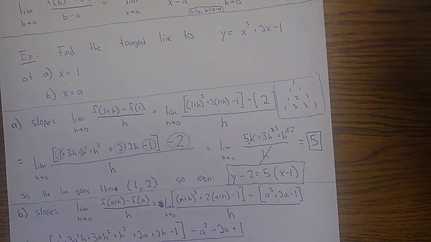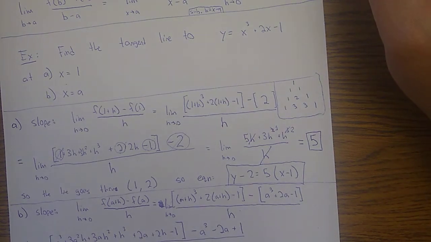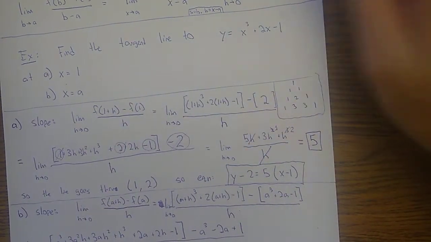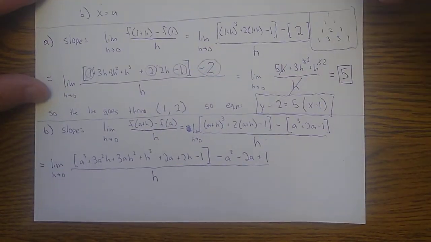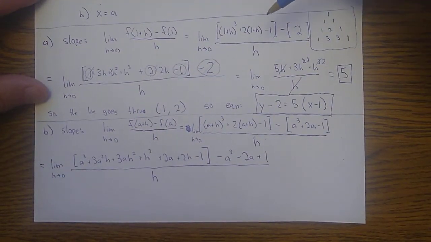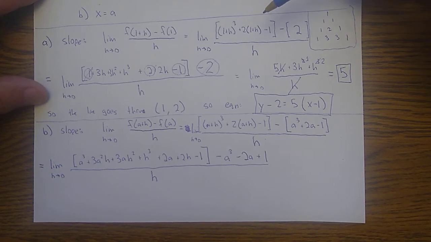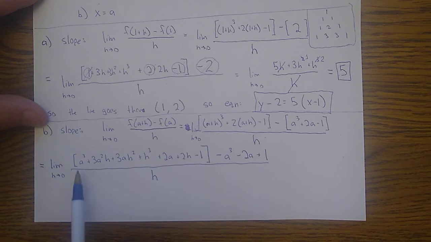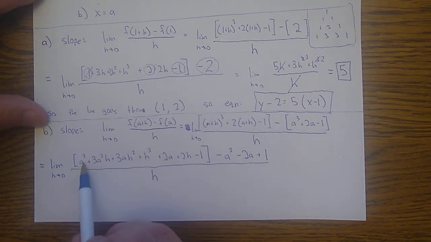Okay, now let me use the same logic I used last time. I was canceling things, and I said I know one thing that definitely needs to happen, which is anything on the top that doesn't have an h should go. If it doesn't, then I've made a mistake. So there are some things that don't have an h, like this a cubed does not have any h on it.